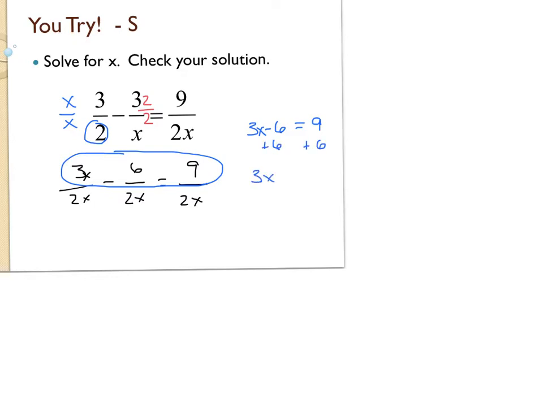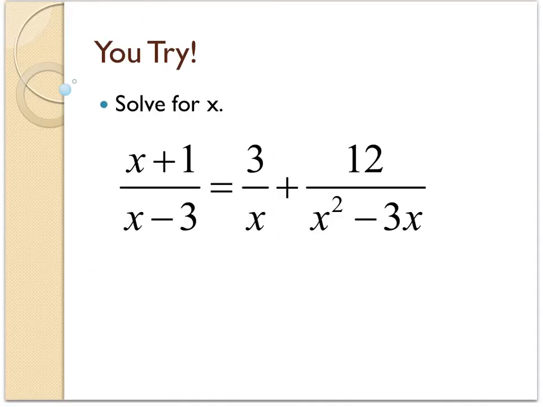So I add 6 to both sides, that's equal to 15. x is equal to 5. I look at my original problem, and if 5 is in the denominator, there's no issues. So x equals 5. In order for the equality to work, x has got to be 5. And there we go.